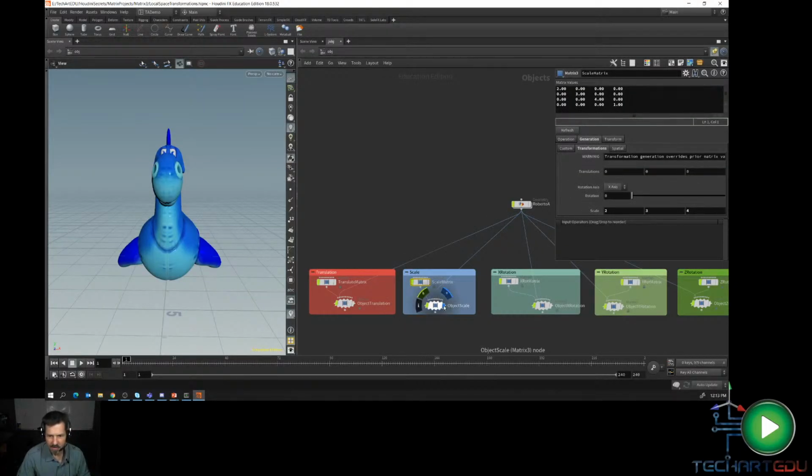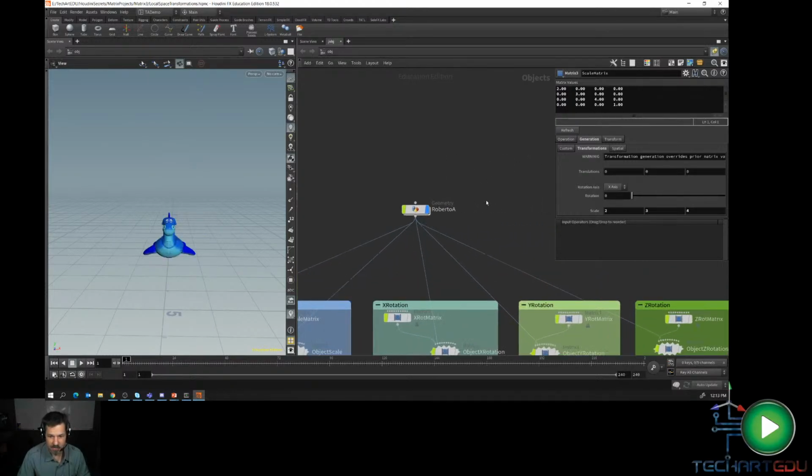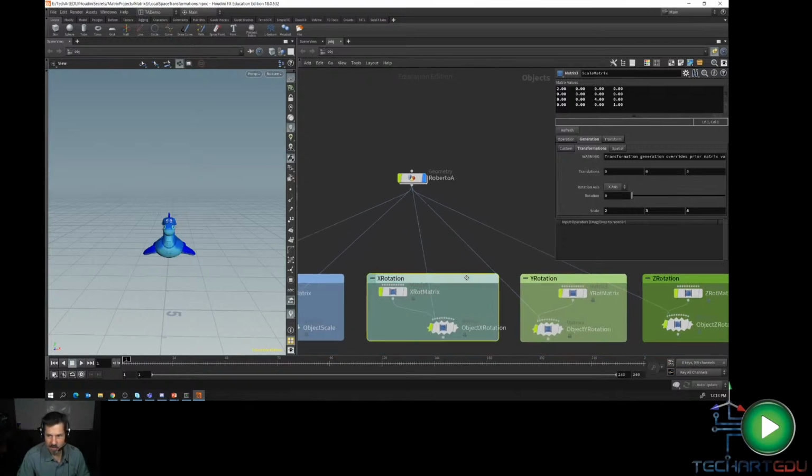All right, I'm going to turn off my scale rotator. So we've got Roberto here. What I had to do is create 3 rotation matrices. My first rotation matrix, we're going to rotate him 45 degrees in the x-axis. Here is my rotation matrix. We applied that formula, 45 cosine and 45 sine.